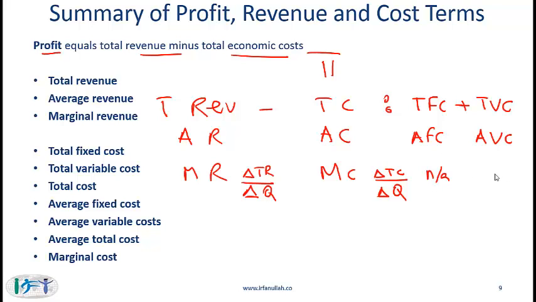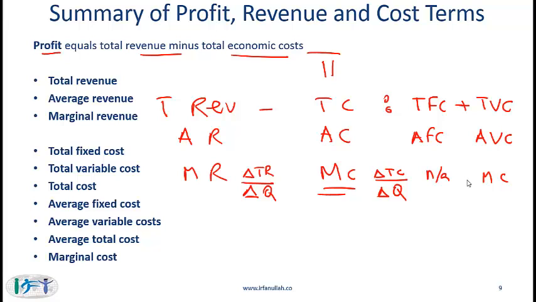What about marginal variable cost? That is the cost of producing one additional unit. And there isn't really any difference between saying marginal total cost or marginal variable cost. They are effectively the same thing. That's why the term that we use is simply marginal cost.